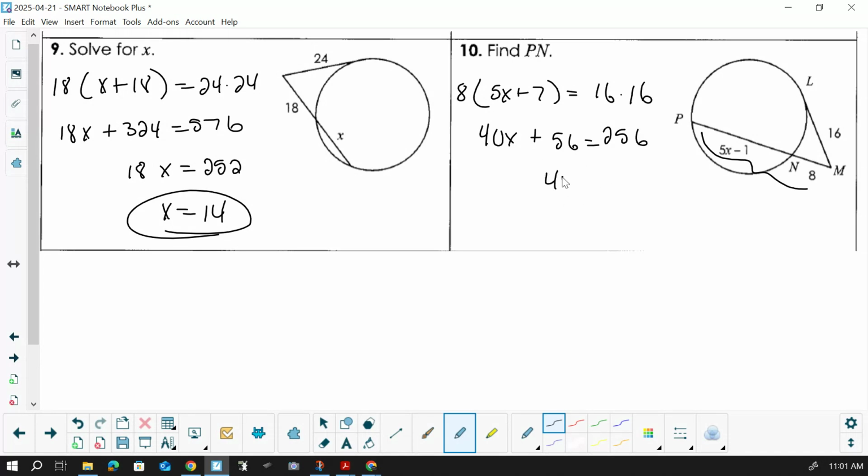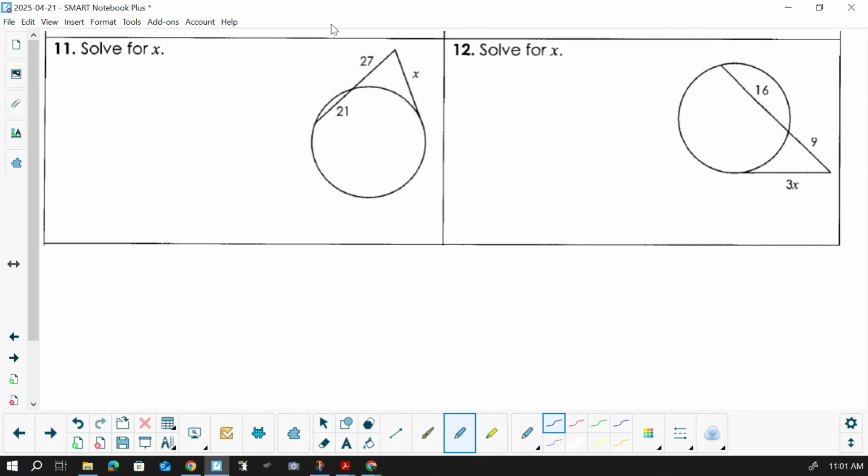Subtract the 56, we get 40x equals 200. Divide by 40, x is 200 divided by 40 is 5. Question says Pn. It's 5 times x minus 1 would be 24.